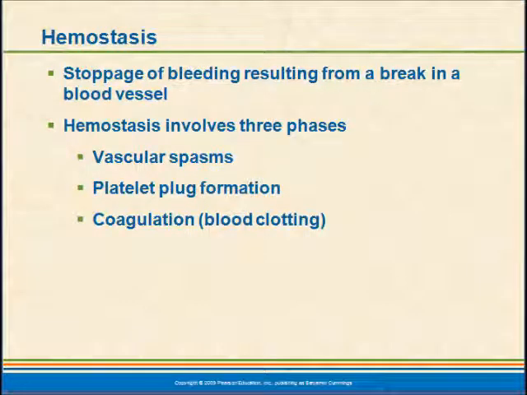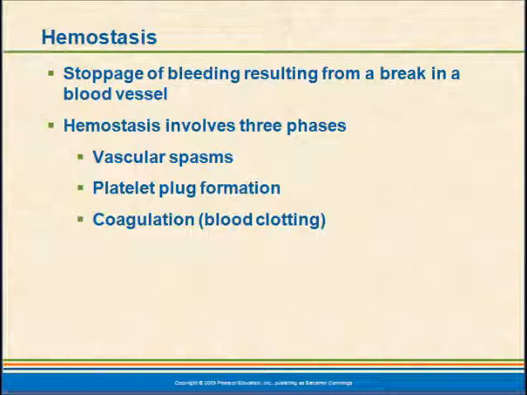And now we get to talk about the maintenance of blood in terms of clotting, which is also known as hemostasis. This is the stoppage of bleeding which results from a break in a blood vessel, cut in a blood vessel, anything like that. Hemostasis involves three basic phases.